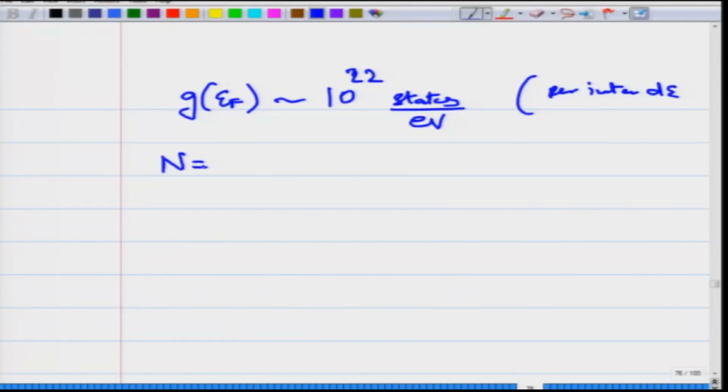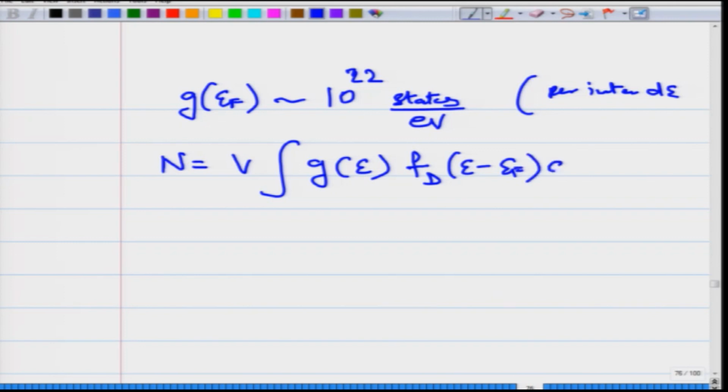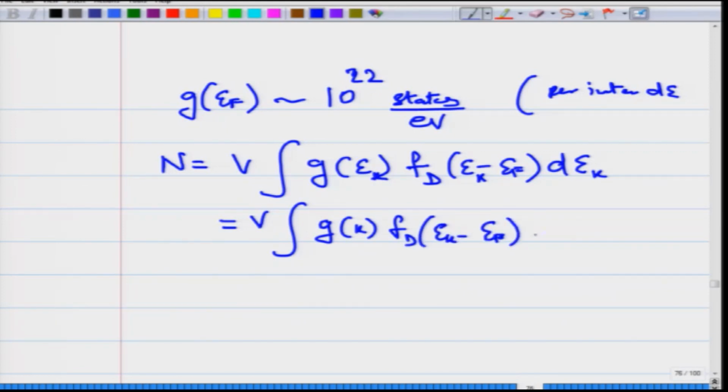Now, if you go back and look at the total number of particles, then the total number of particles can be written as the integral of G(E) f_FD(E - E_F) dE, which is the same as writing it as G(k) f_FD(E_k - E_F) dk, but G(k) dk is equal to G(E) dE, and so you can rewrite this expression equivalently like this.